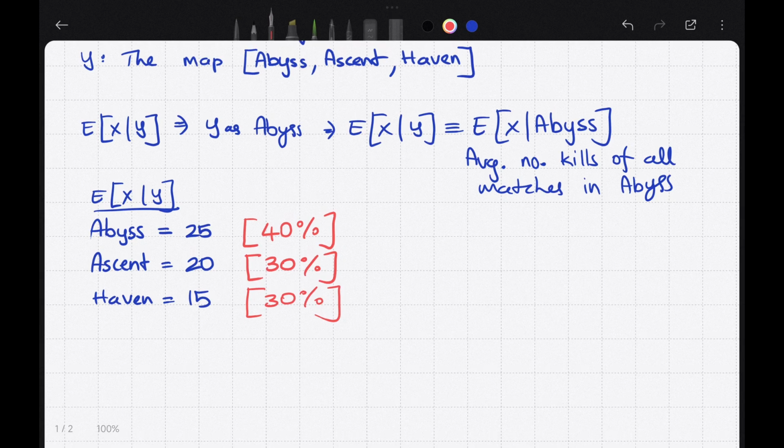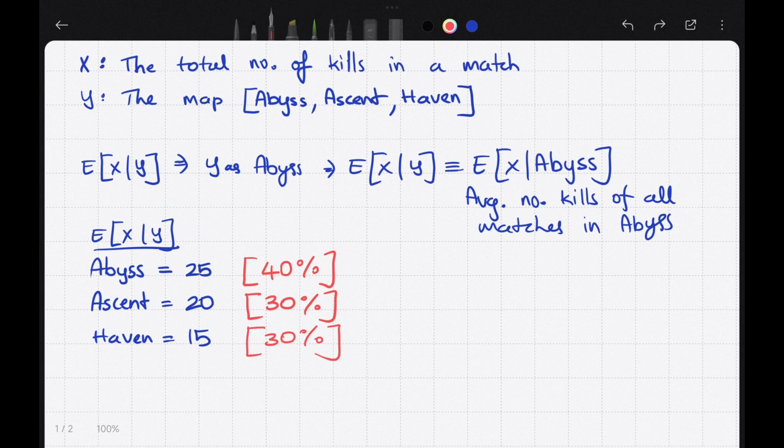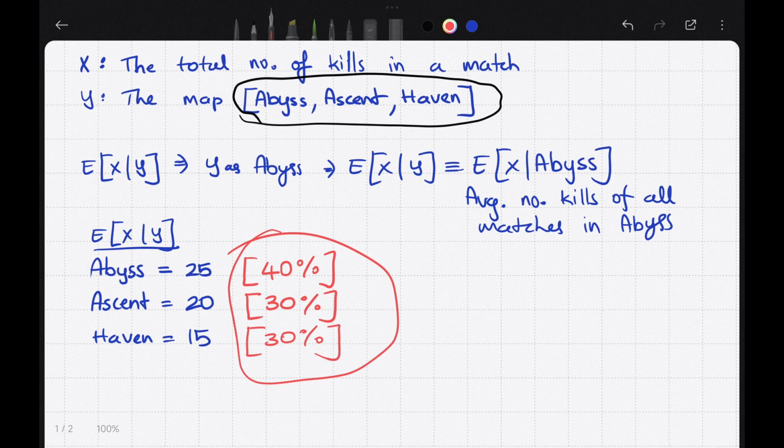Since these are the only maps we're considering, these add up to 100, right? Whatever time you spend in Valorant, you have to spend it in these three maps as per the analogy that I've taken. I haven't considered the other maps. So these will obviously add up to 100, right?